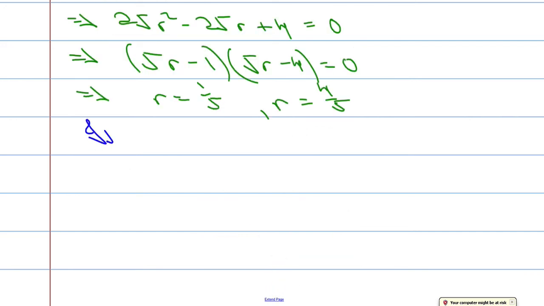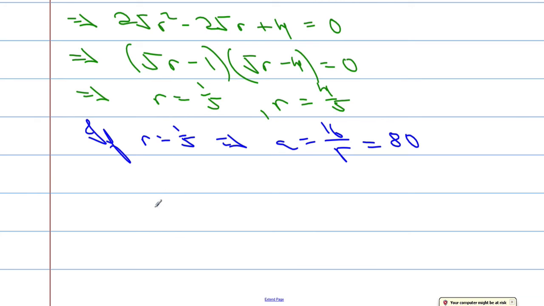So if r equals 1 over 5, that means that a must equal 16 over r, which is 80. The 16 over 1/5 is the same as 16 times 5, which is 80.